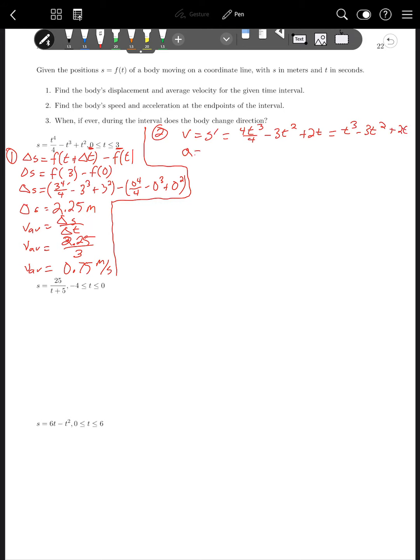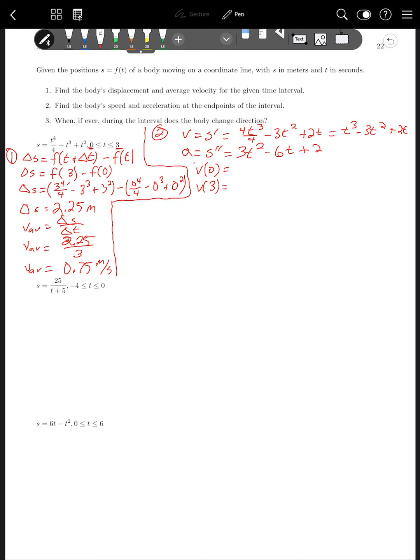And then the acceleration equals the second derivative of that. So that means we need to take the derivative of the velocity. So that would be 3t squared minus 6t plus 2. And so now it wants us to tell us the speed and acceleration at the endpoints. So that means I need to find v of 0 and v of 3.